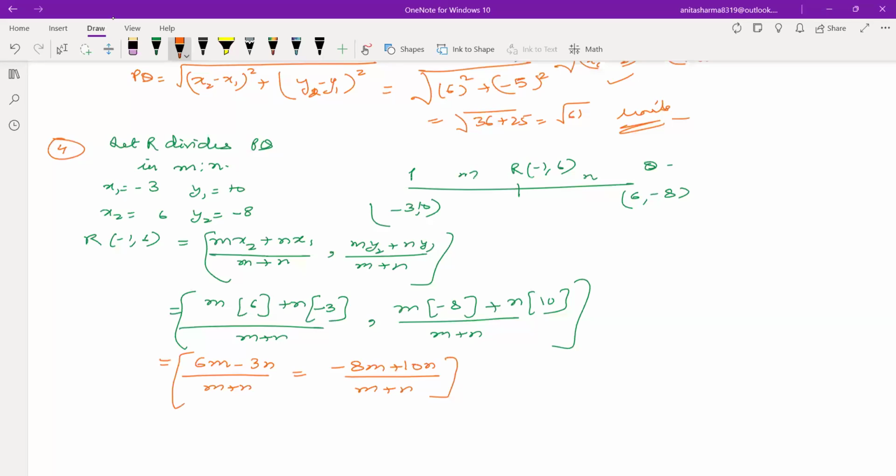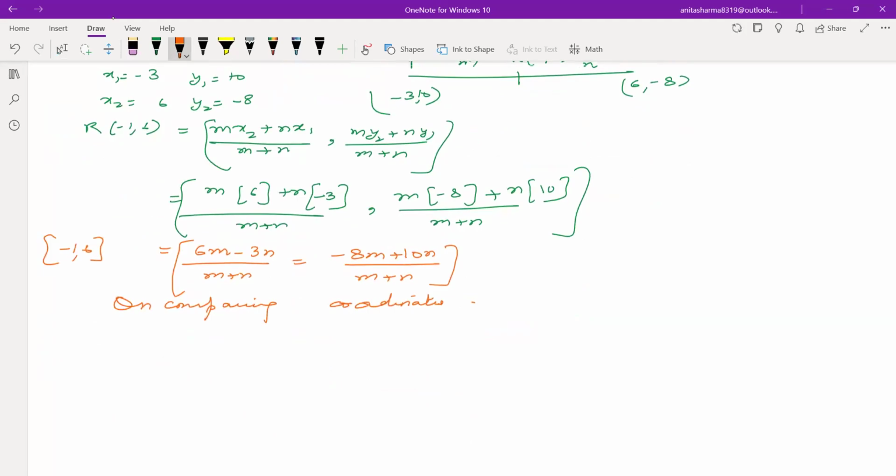So now, on comparing coordinates. Now compare the coordinates, beta. So the first coordinate is of x, beta, 6m minus 3n upon m plus n. This will be equal to minus 1.